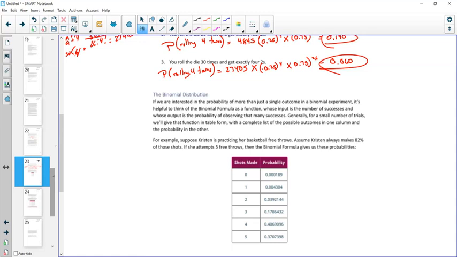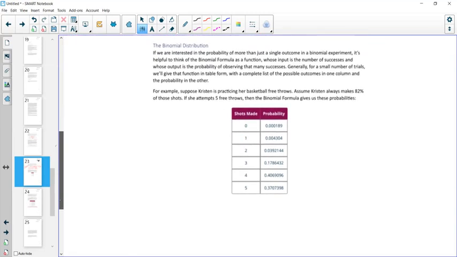For example, suppose Kristen is practicing her basketball free throws. Assume Kristen always makes 82% of those shots. If she attempts 5 free throws, then the binomial formula gives us these probabilities. Using the formula, we would get these probabilities here: 1, 2, 3, 4, and 5.